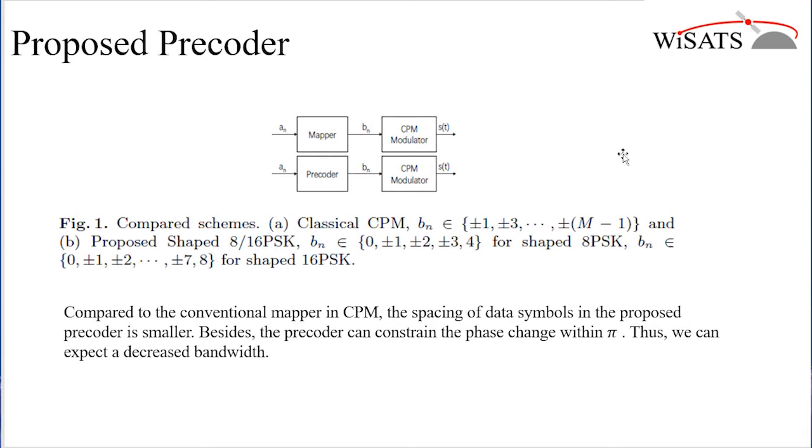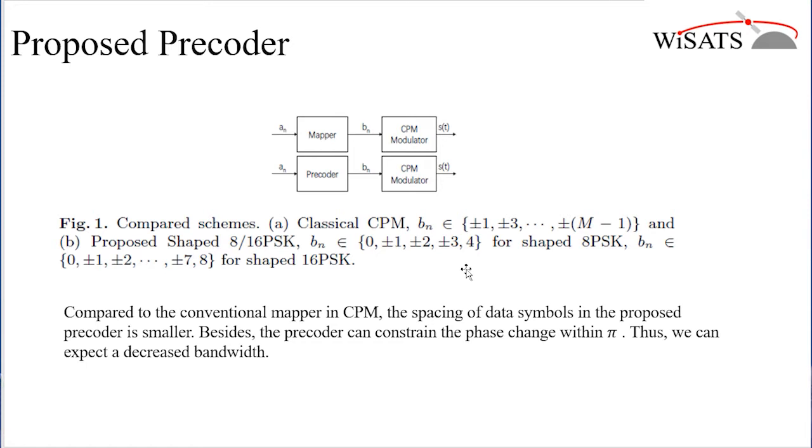We can see that in the classic continuous phase modulation, the symbol is selected from this alphabet, and in our proposed shaped 8 or 16 phase shift key, the transmitted symbol is selected from this alphabet.